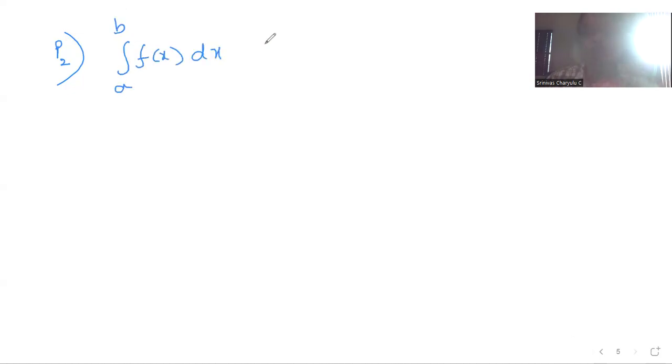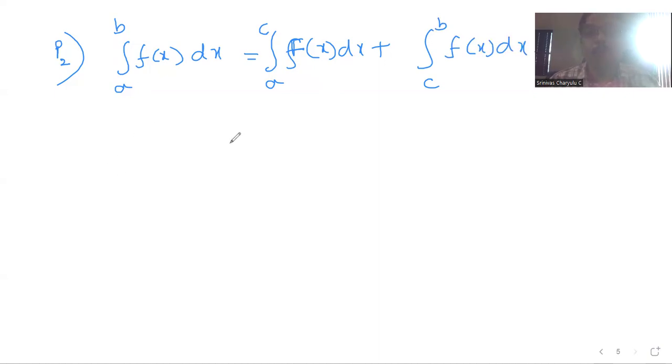Integral a to b f of x dx is equal to integral a to c f of x dx plus integral c to b f of x dx. Okay. So what does it mean? That means we have got in between one point between a and b. So first we are integrating from a to c, then from c to b. This is called the integration property.